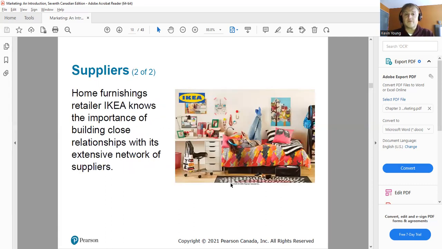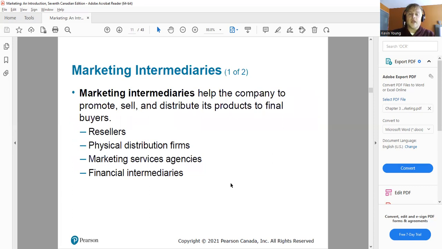So a supplier, home furnishing retailer, IKEA, knows the importance of building close relationships with its extensive network of suppliers. The marketing intermediaries help the company to promote, sell, and distribute products to the final buyers.